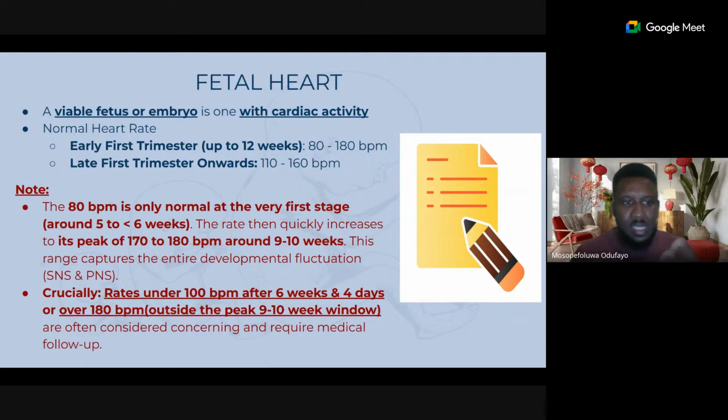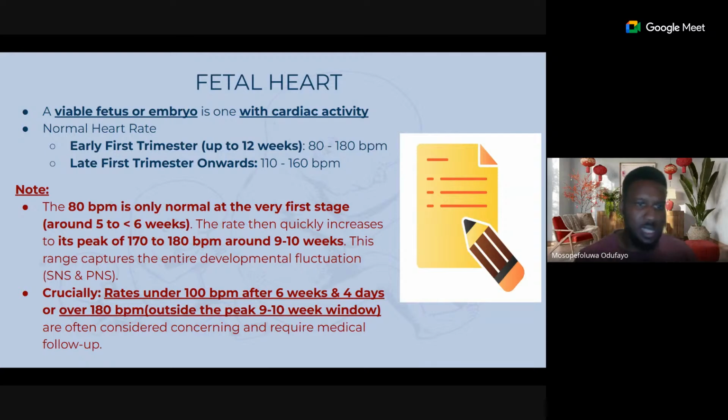And why? This is because of the developmental fluctuations of the sympathetic and the parasympathetic nervous system. One develops before the other, basically. It's said that around the early periods of gestation, the parasympathetic takes effect first, and therefore that brings the heart rate to a point of being very slow.